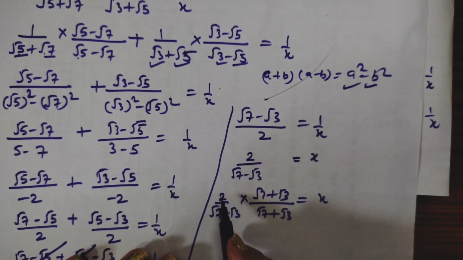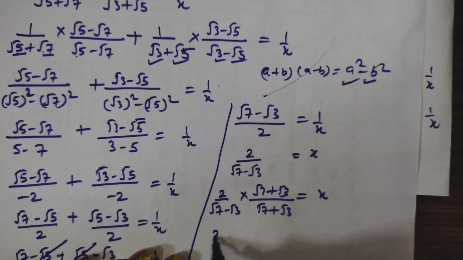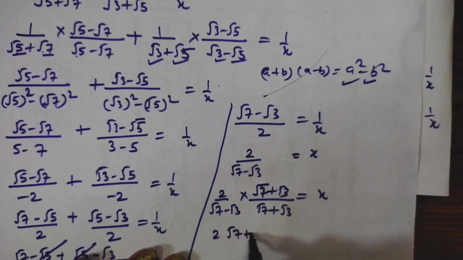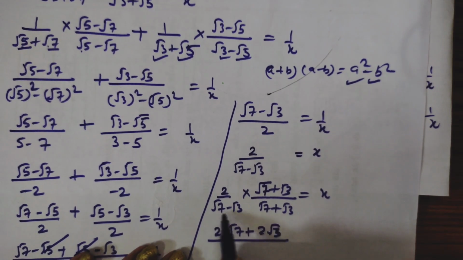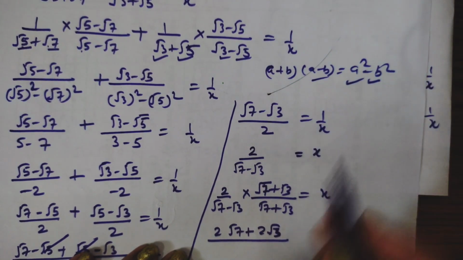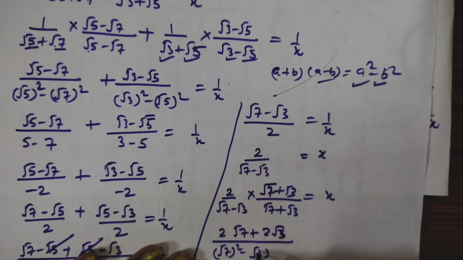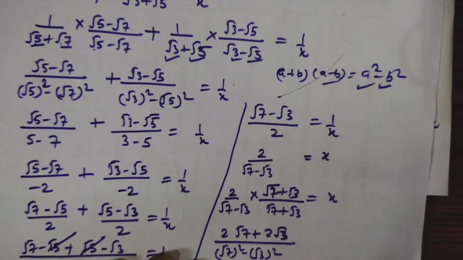Now you can see this is 2 root 7, and 2 into root 3 is 2 root 3, upon root 7 minus root 3 and root 7 plus root 3. A minus b and a plus b, again the identity we are using here, a square minus b square, that is root 7 square minus root 3 square.